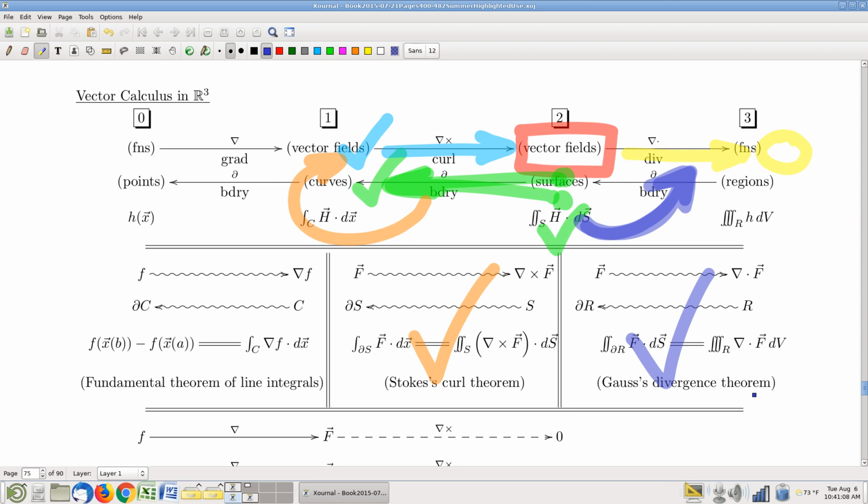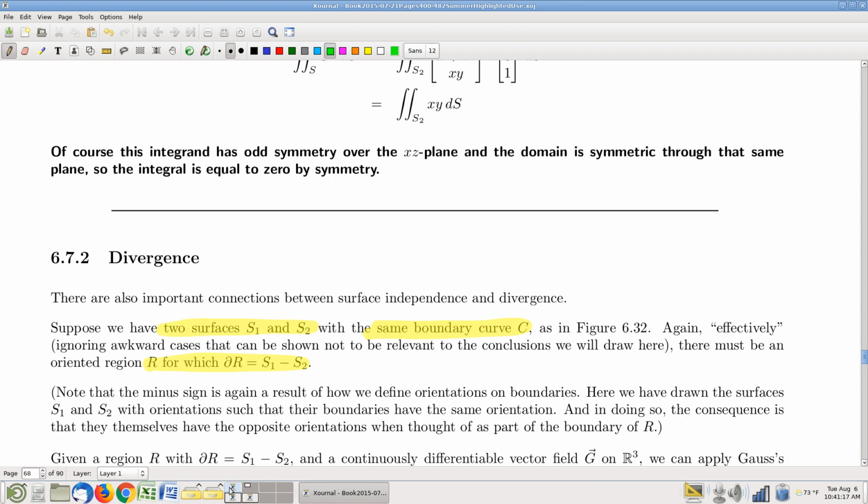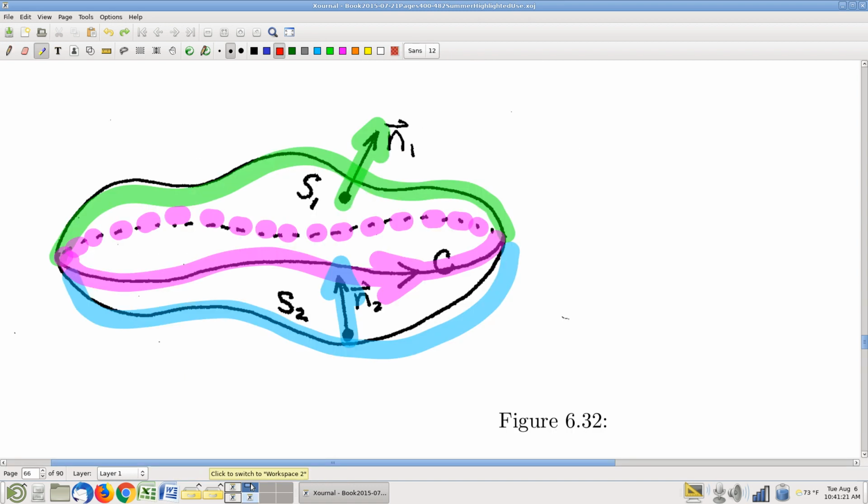So again, I'm just going to follow the diagram, which is pretty much telling me to do this. Okay, as instructed, here we go. Looking at this picture again. Reminder, the boundary of S1 is equal to the boundary of S2, and that's why I oriented these things the way that we did.